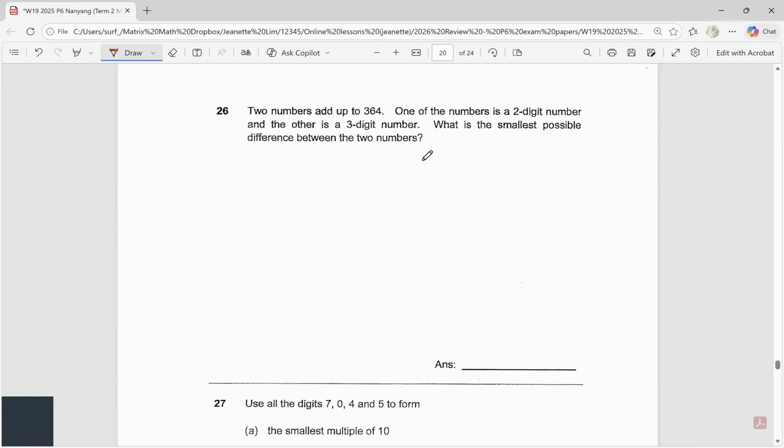Okay, so we have two missing numbers. 2-digit plus 3 digits give us a total of 364. We want the smallest possible difference between these two. So what this means is that the smaller number, which is the 2-digit one, has to be as big as possible.